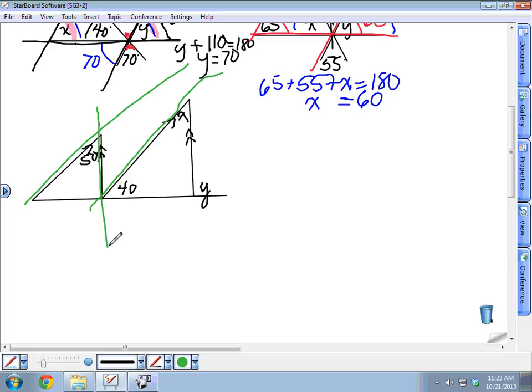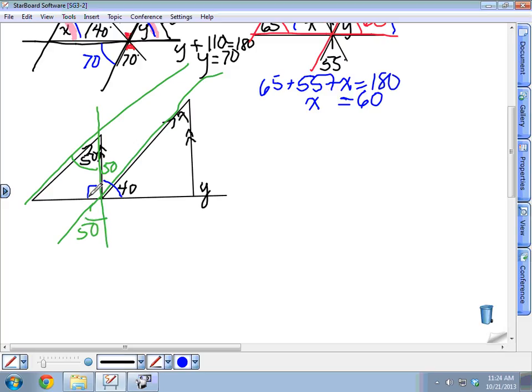We have a 50 here, and we also know that we have a 50 here. We know that this is 50 because of the vertical angle. As soon as we know that 50 and 40 are right here, that makes 90, so we have a right angle here, don't we?